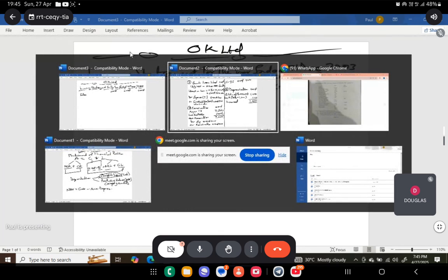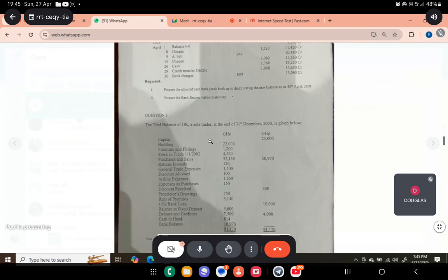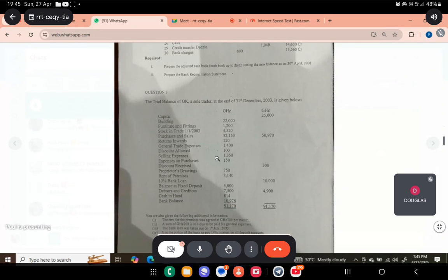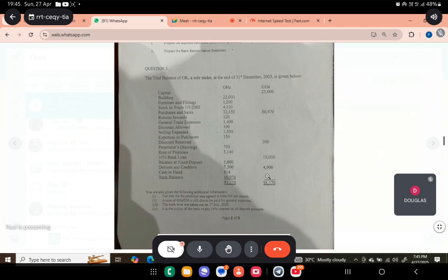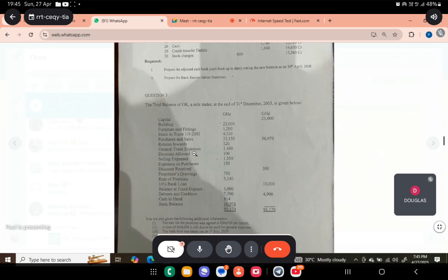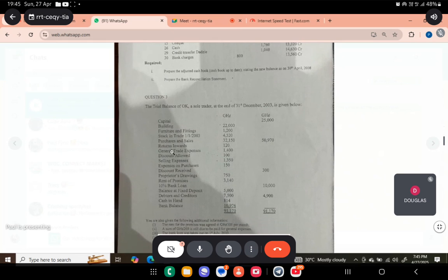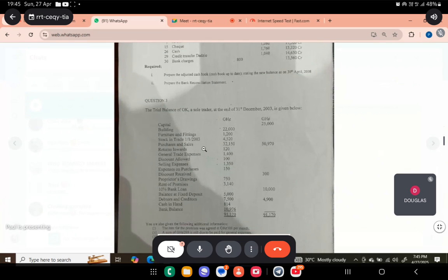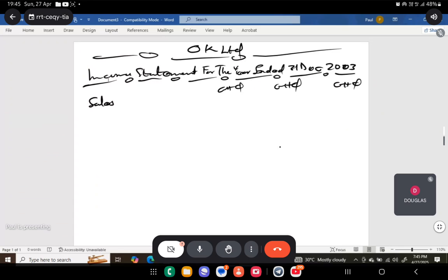So you go to your trial balance, you look for your sales, and I said it is on the credit. Even the way they write purchases and sales should tell you that purchases is the one on the debit and sales is the one on the credit. But you should know that sales is always on the credit, which is 50,970.